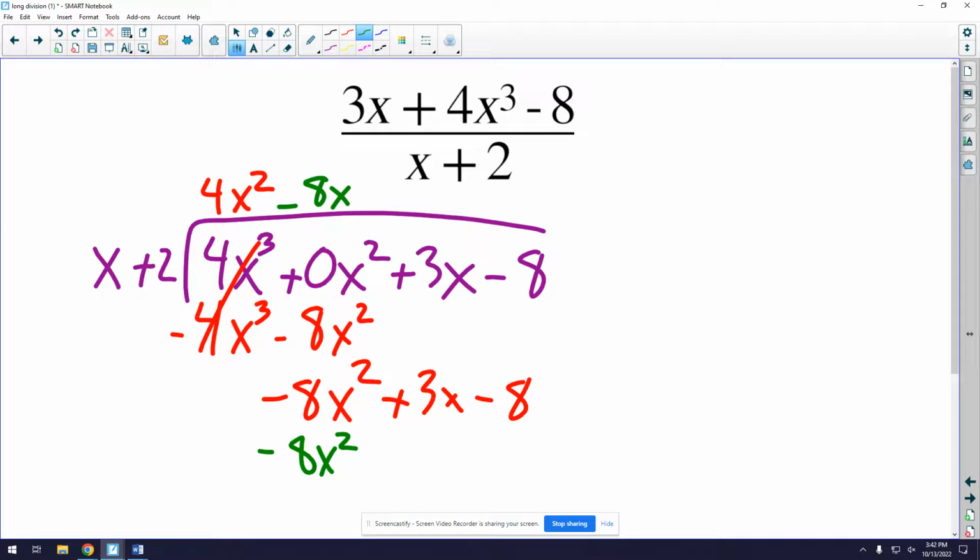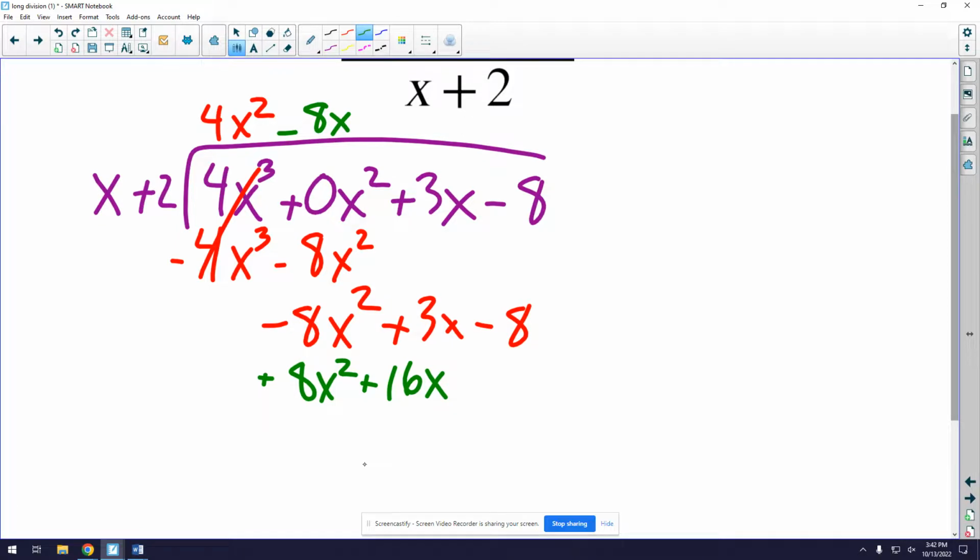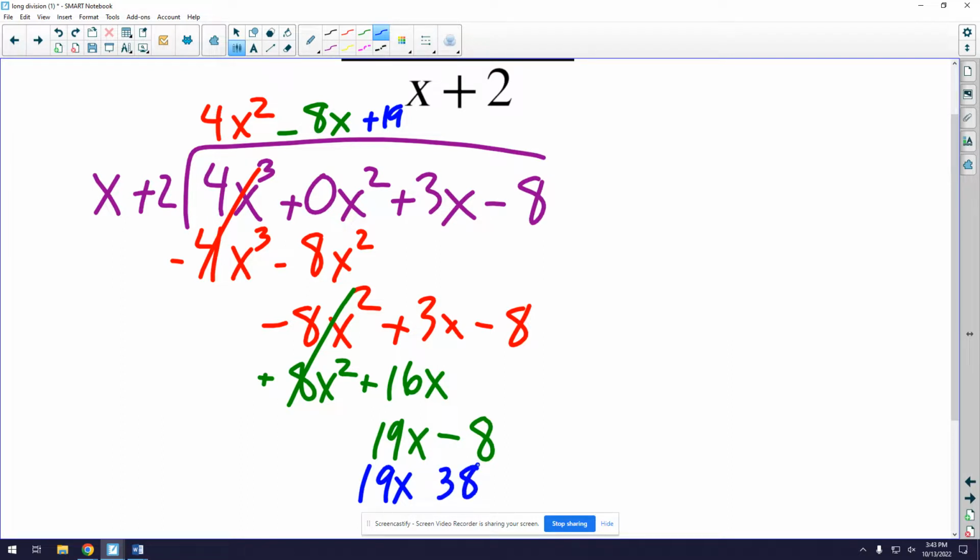Negative 8 times 2 is negative 16x. But I'm going to subtract, so both of those become positive. Cancels out your first terms. 3 plus 16 is 19x minus 8. 19x divided by x is 19. So that's 19x. And 19 times 2 is 38. Both are positive, but I'm going to subtract, so both are really negative.